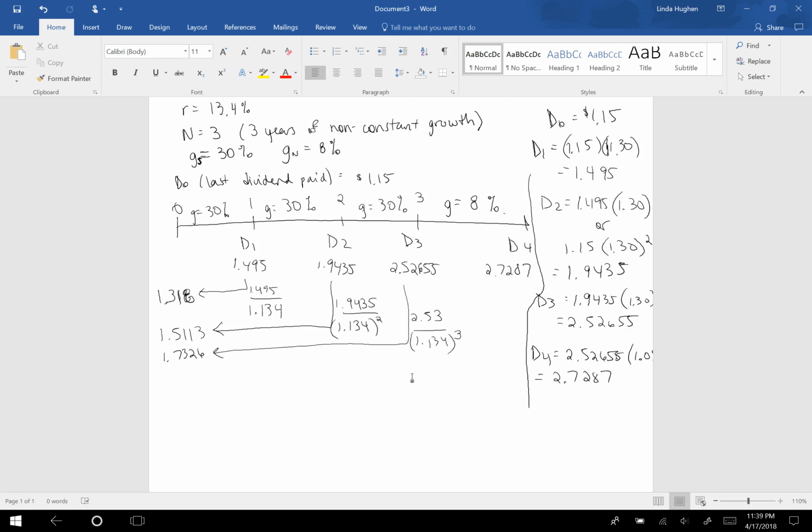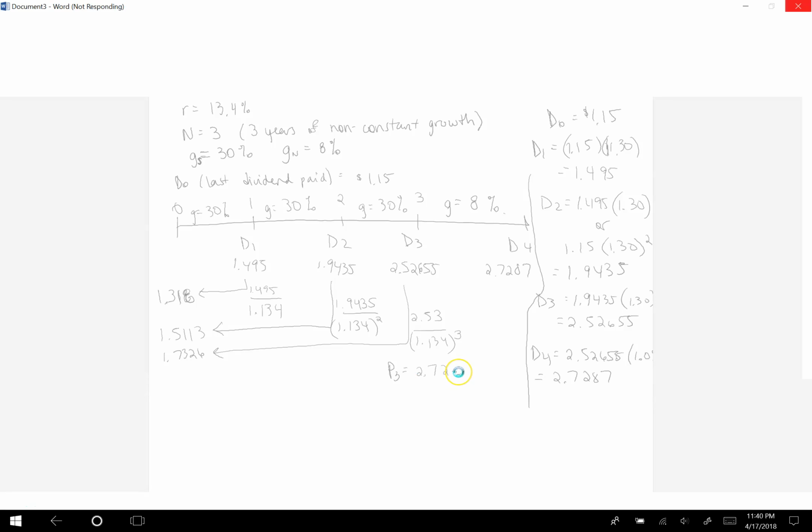So at the end of year 3, what we can do is use our valuation of a constant growth stock at year 3. So we can call this P3, the value of the stock is going to be the next dividend, D1, or in this case it's D4, 2.7287.